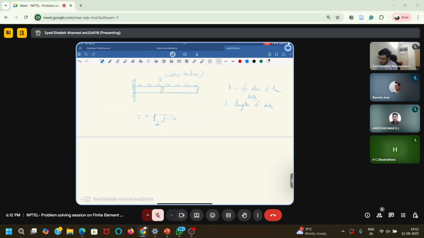This is the small element, I'm cutting out this element. So this will have some kind of load here, and there is also some inertial force. If the force Q which is acting is time dependent and has high frequency, then there will be also an inertial force.